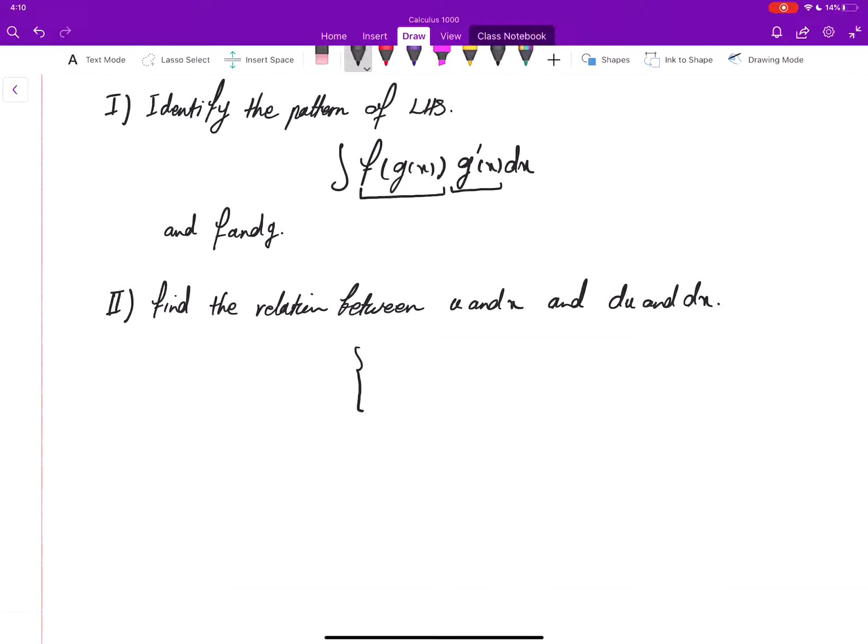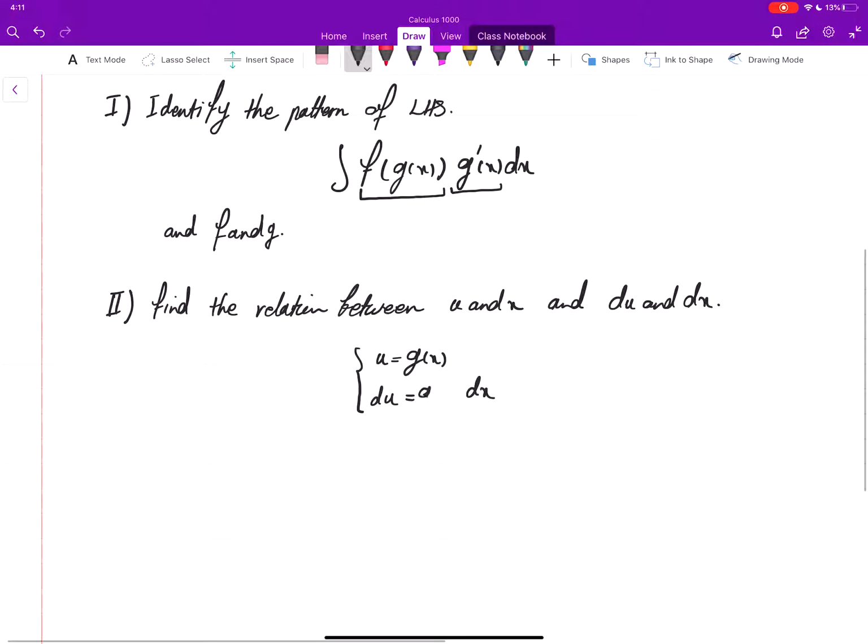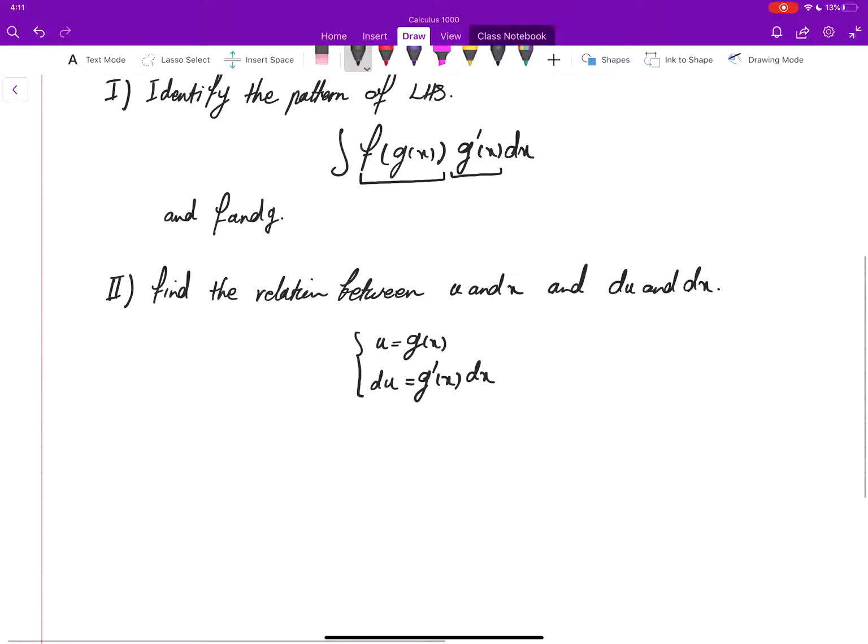You will see me always doing this on an equality that goes from the x integral to the u integral. u is going to be g(x), and du and dx are related through this equality: du is not equal to g(x) dx, but the derivative of g times dx. So these are two things that you have to do.